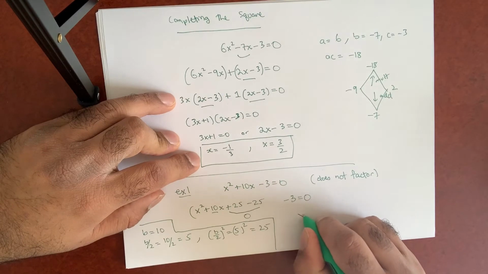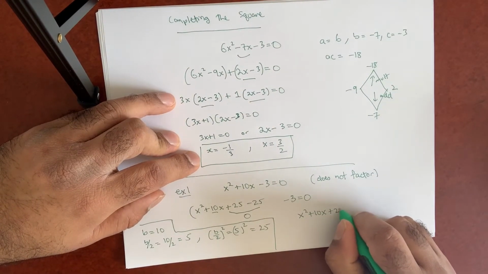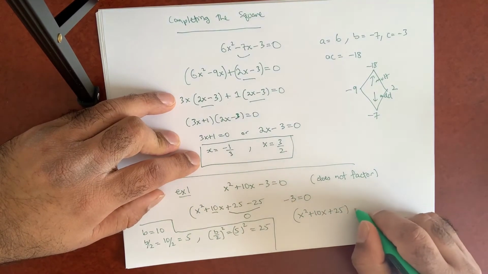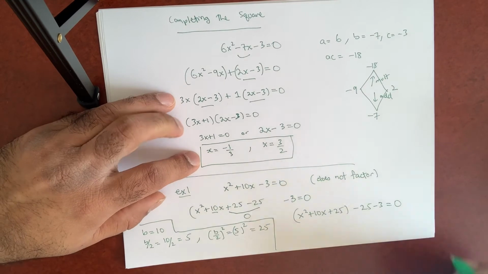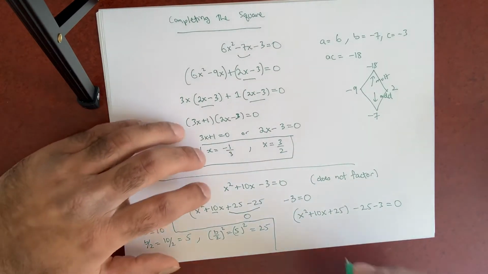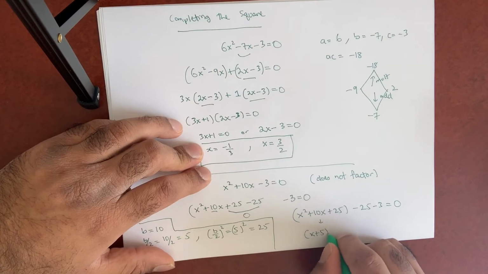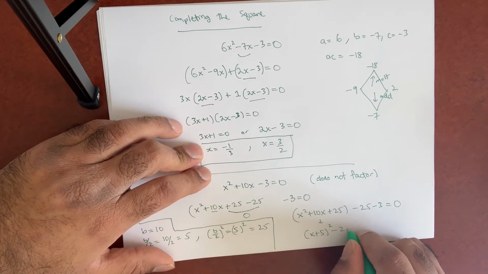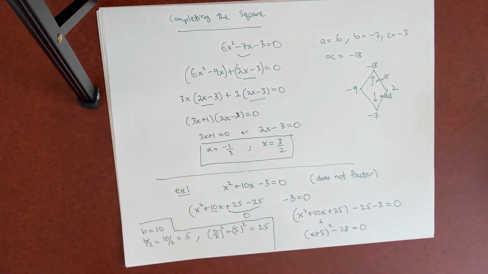But it turns out that this actually makes this problem look a little nicer, because these first three terms, the x squared plus 10x plus 25, factor to x plus 5 squared, and the remaining piece here is minus 28.